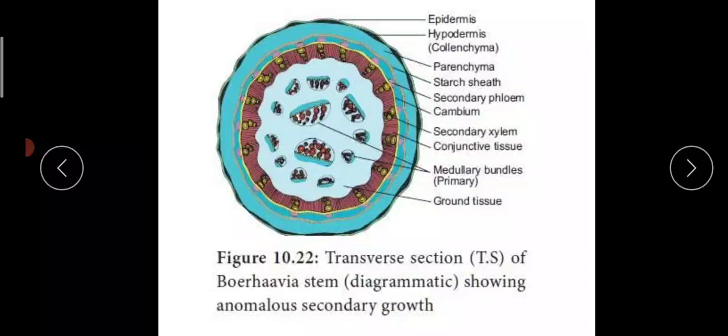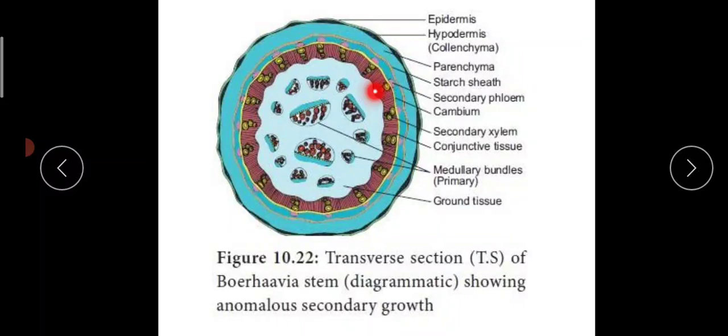There is a peculiarity in this secondary tissue formation. On the inner side, the cambial ring produces secondary xylem in the intrafascicular region only.